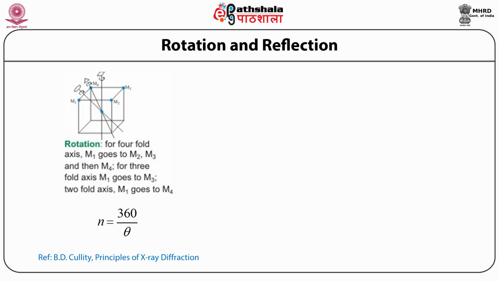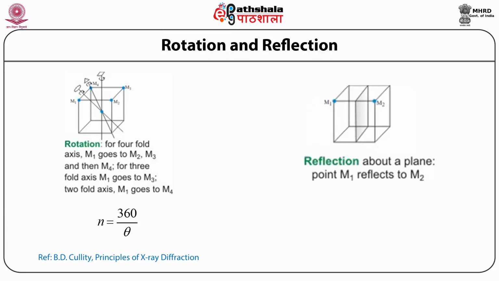Possible values of n are 1, 2, 3, 4 and 6, but not 5. As evident from this figure, we have a four-fold axis, that is M1 goes to M2, M3 and then M4. For a three-fold axis, M1 goes to M3, and for a two-fold axis, M1 goes to M4.